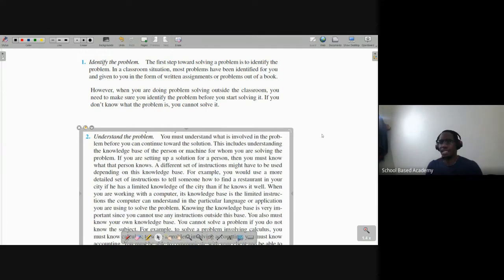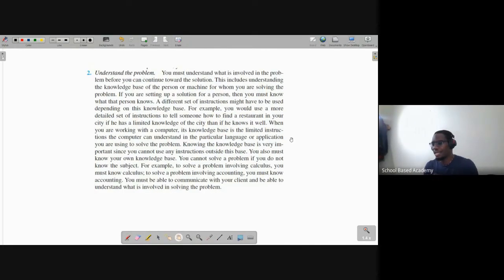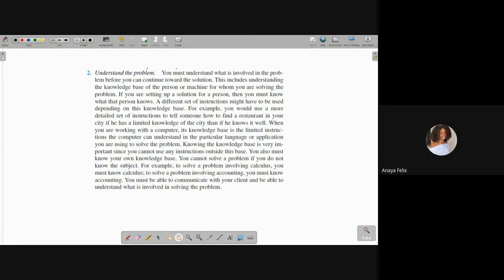You have to understand what is involved in the problem before you can continue towards the solution. Does anyone know what is going to happen if you're trying to solve a problem but you don't fully understand it? Anybody want to offer an answer? You wouldn't be able to have a proper solution if you don't fully understand the problem.